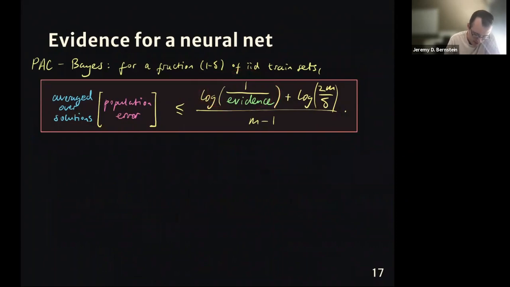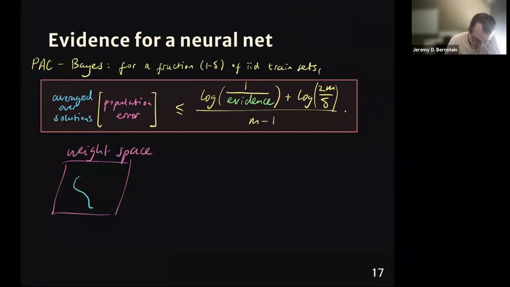And remember that all I want you to have in your head is this picture: we have weight space, we have a solution manifold, which is all the weight vectors that fit our training set. And we're interested in the volume of this solution manifold divided by the volume of the entire space. So it's like global properties of a neural network's weight space. How do we access those properties? How can we compute that kind of thing?